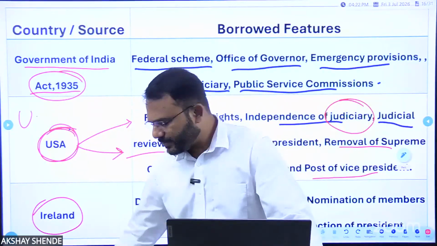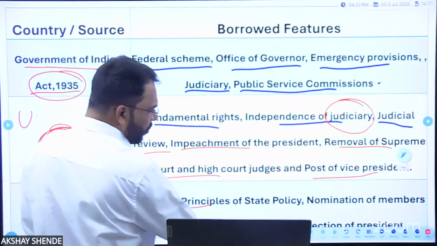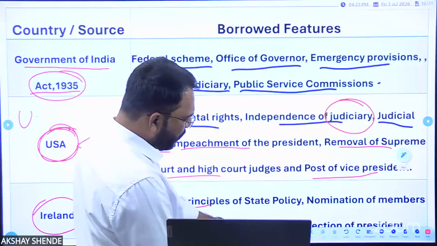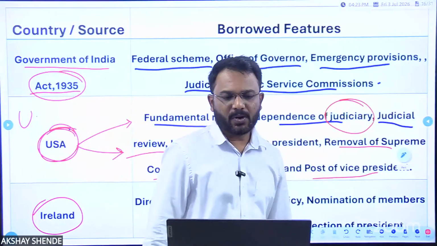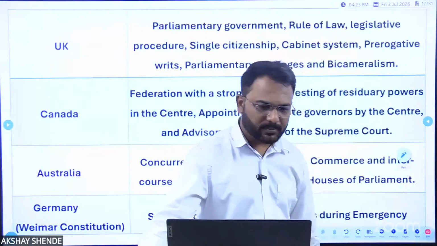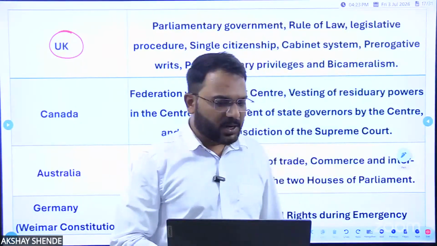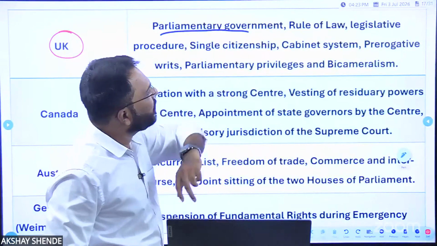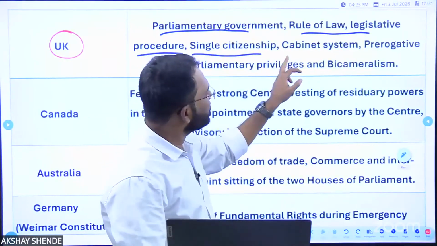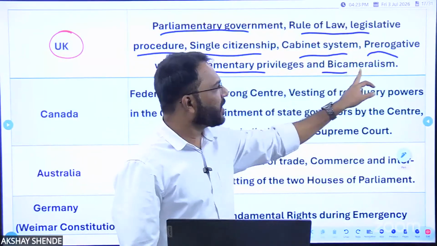Second comes Ireland. From Ireland we have taken directive principles of state policy, nomination of members to Rajya Sabha, and method of election to president. From UK, that is United Kingdom, we have taken parliamentary form of government, rule of law, legislative procedures, single citizenship, cabinet system, prerogative rights, parliamentary privileges, and bicameralism.